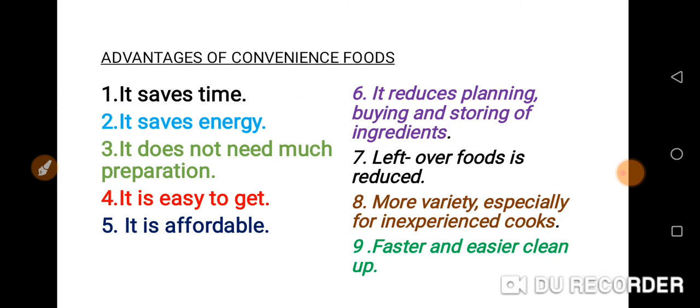Now, what are the advantages of convenience foods? Remember that convenience foods are foods which are prepared and packed by the manufacturers in ready-to-use form.